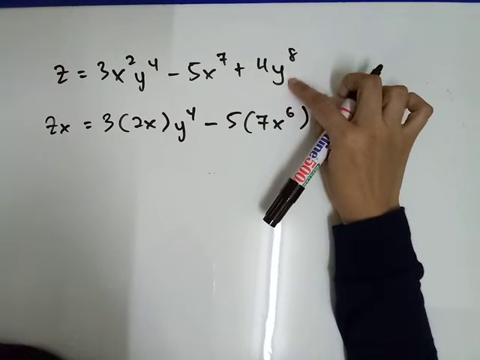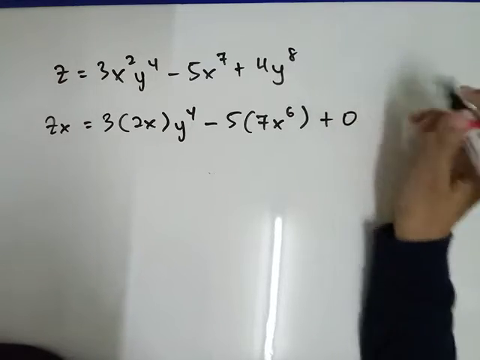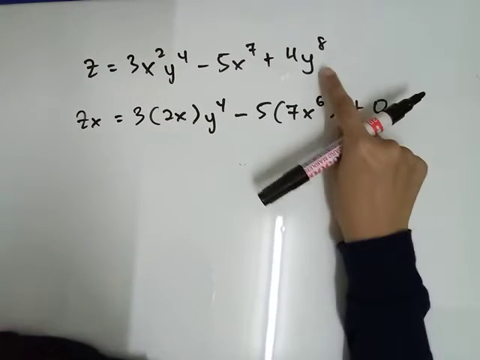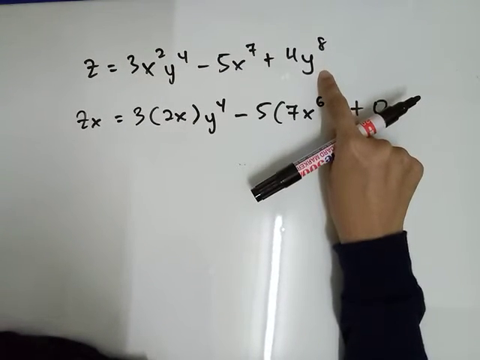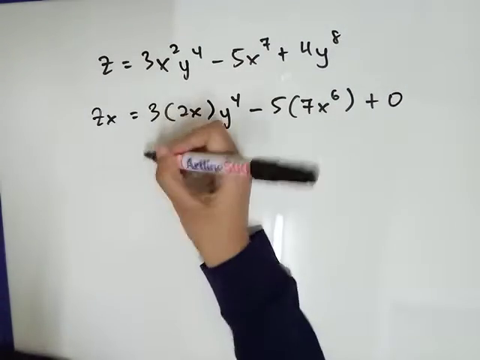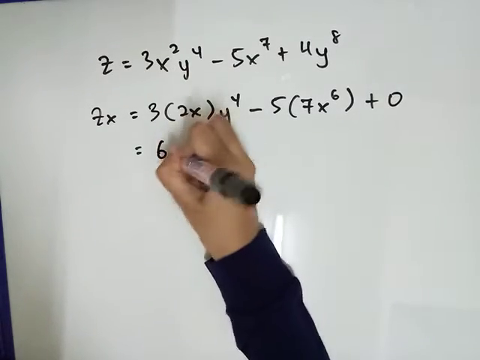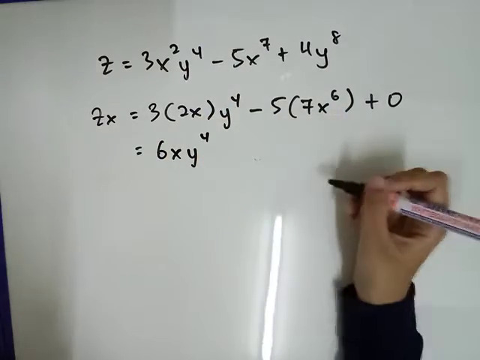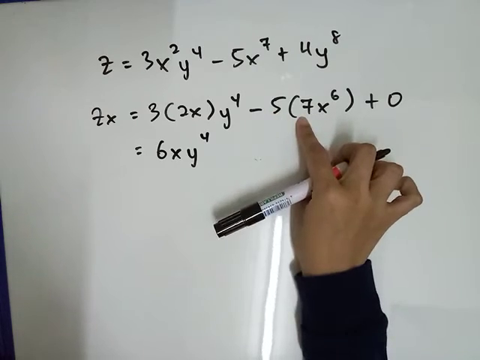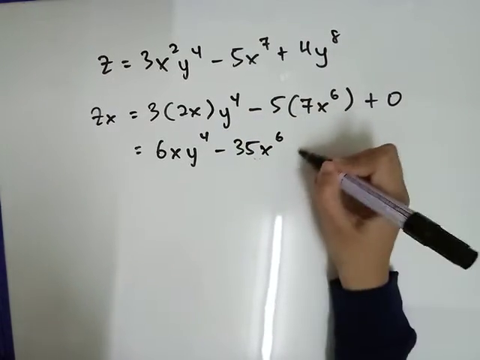Y is a constant, and differentiate a constant, we get 0. It means plus 0, because it doesn't have the variable x. So we need to solve. 3 times 2, we get 6x y power 4. 5 times 7, we get 35, so minus 35x power 6. So this is the answer.